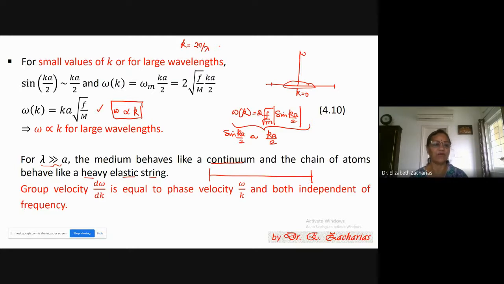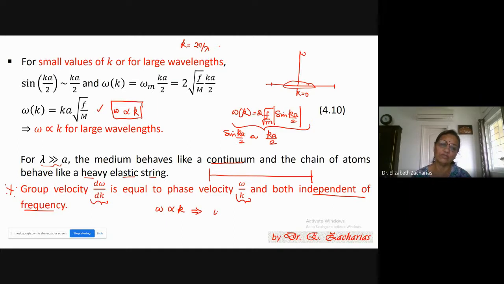And in this case, this is very important: the group velocity becomes equal to the phase velocity. I told you phase velocity is omega by k and group velocity is d omega by dk. So the group velocity becomes equal to the phase velocity and both become independent of frequency. How do you know that? Omega is directly proportional to k in this region.